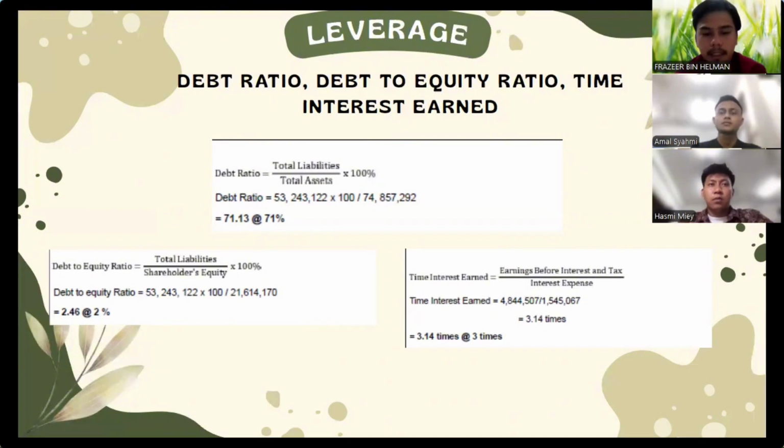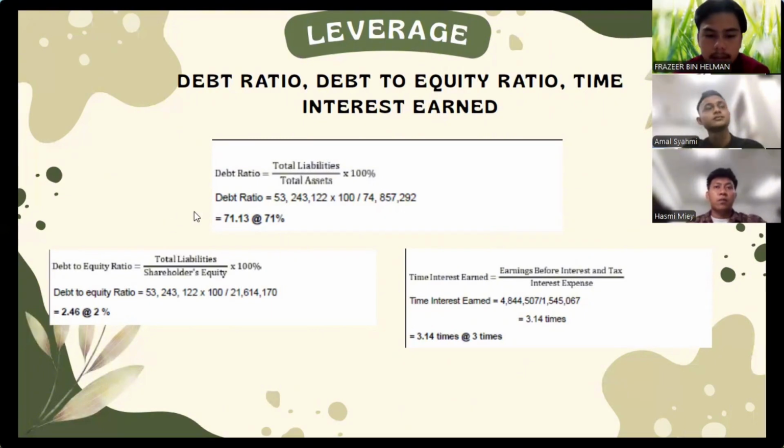YTL Power's debt ratio is 0.71, meaning that 71% of its assets are financed through debt. And the debt to equity ratio is 2.46 times, indicating a high reliance on borrowed funds compared to shareholders' equity.